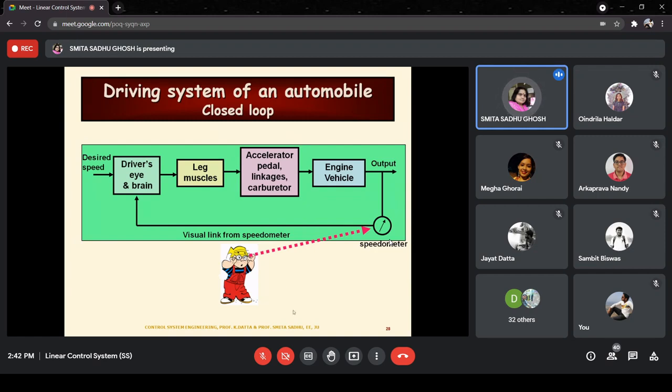The person is going to take corrective action based on the output value that he sees on the speedometer. If he sees that it is going at 80 kilometers per hour, naturally the driver's eye and brain will give an instruction to the leg muscles so that the force being applied on the accelerator is released, right?